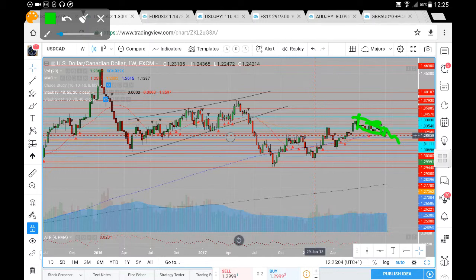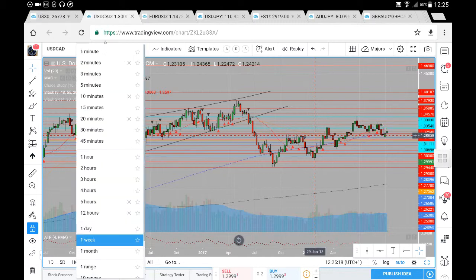We'll see how it develops, or if we do have this continued momentum to the upside, but so far we do appear to have put in a low, so we'll see if we can navigate that 130 and start to head towards the 132s, possibly even that 133 here on the US dollar CAD in the coming weeks or so.